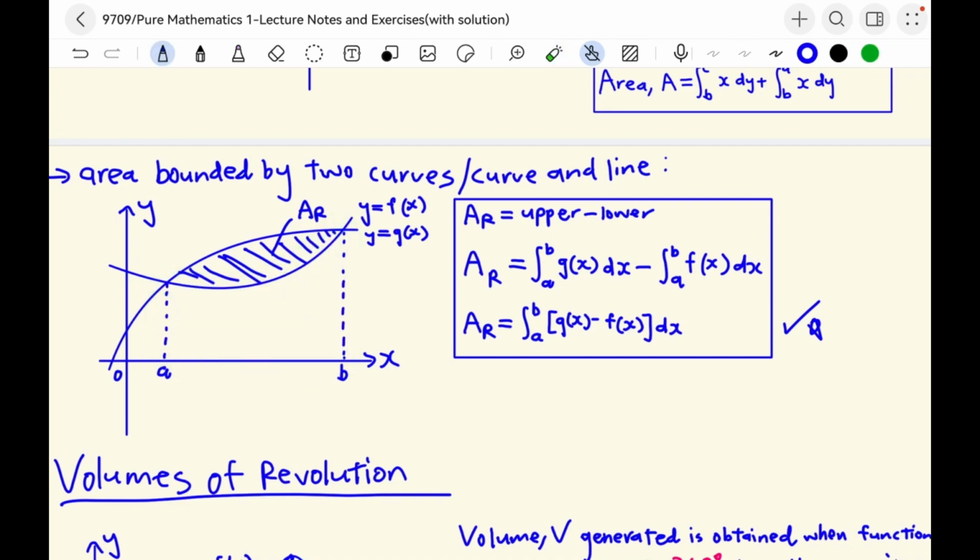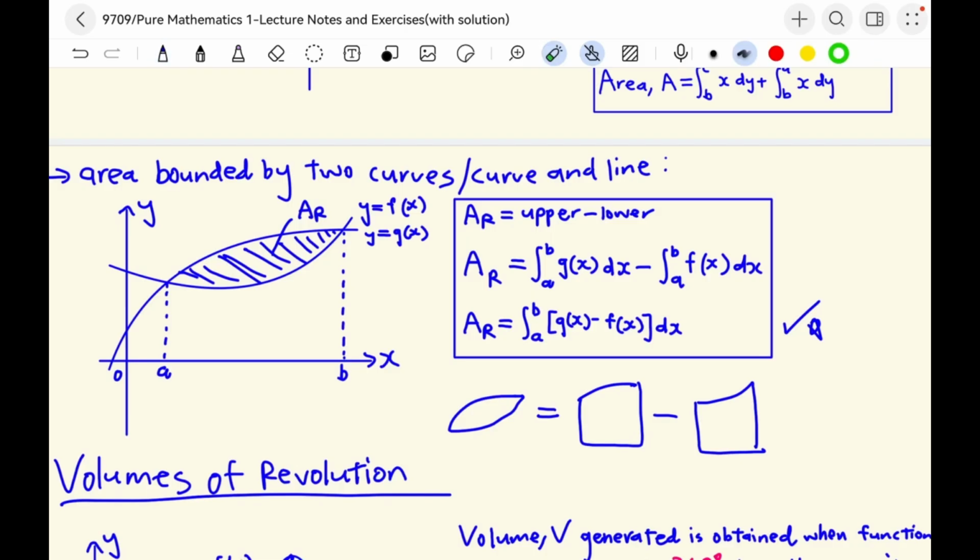In summary, to get the area of the region, find the area of the entire upper region first, the bigger one, minus the smaller region. Hopefully you can understand my sketches.